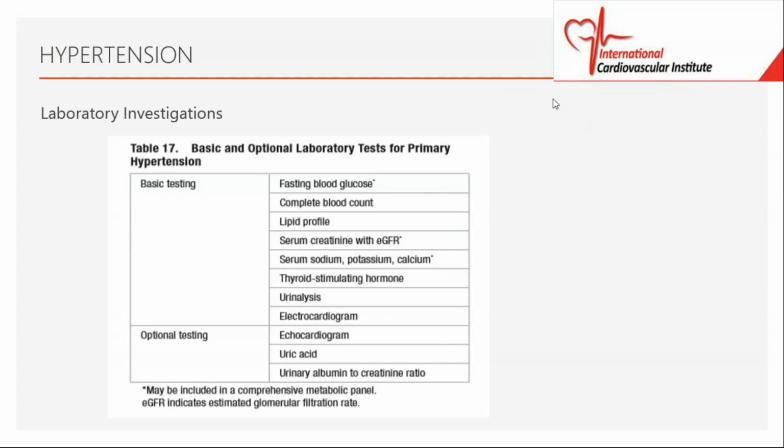Okay, so when we talk about hypertension, as we did allude to in the first lecture, you have primary hypertension and secondary hypertension. But a lot of what we call primary hypertension should really be classified as secondary, because remember what we said about obesity.